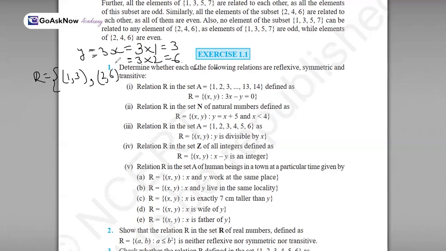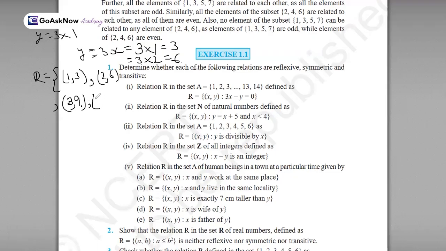The pattern is that y is always 3 times x. Whatever I put in x, y becomes 3 times that. So in the third ordered pair, 3 is the x, and y will be 9.